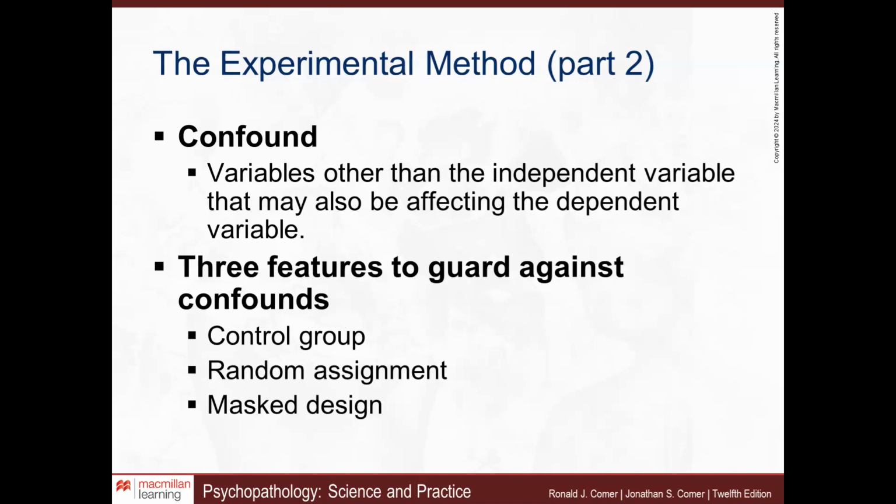In an experiment, this is a group of participants who are not exposed to the independent variable. Random assignment refers to a selection procedure in an experiment that ensures that participants are randomly placed either in the control group or in the experimental group.